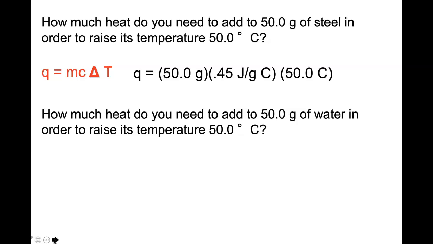And so it's really just a plug and chug. 50 times 0.45 times 50, and you're going to get 1,125 would be the quantity of heat energy you would need to change that. And of course, 1,130 rounded to 3 significant figures. Pause the video and see if you can do this next one.